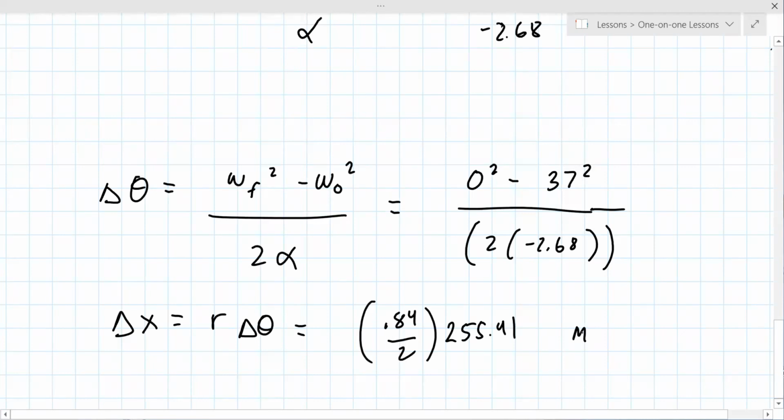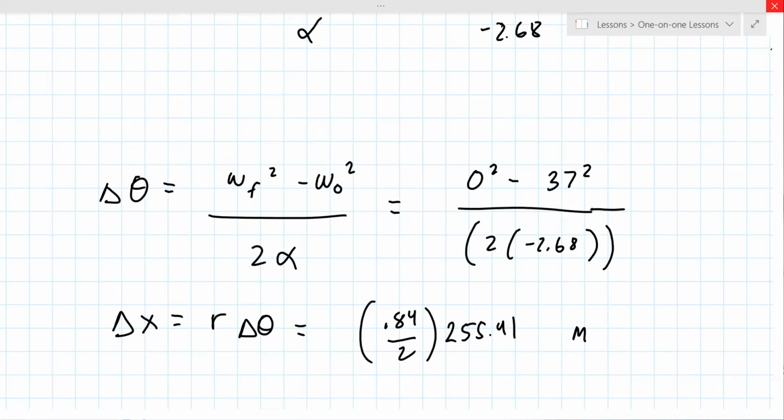Incorrect. What? Did I do this wrong again? Let me see. Oh, you know what? 255.41. There's a bit more. Okay, and then it's this plus the 74 revolutions. Oh my gosh, there's so much to this part.